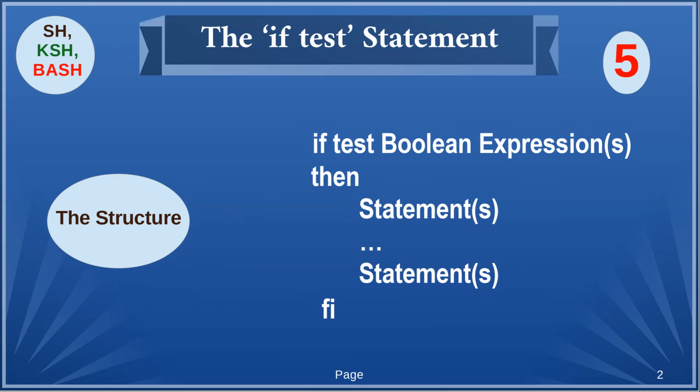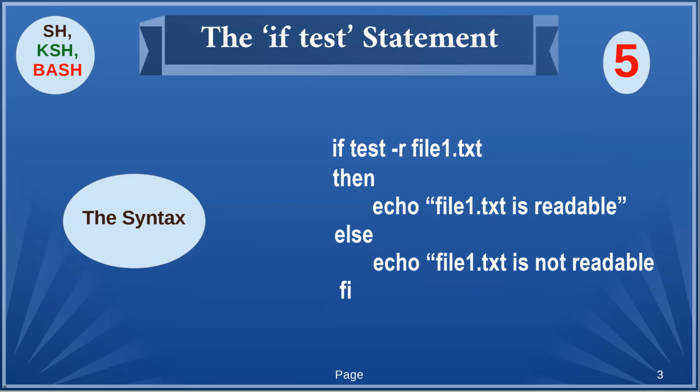Anything could be part of those statements, one or more statements, which is why those 3 dots are there. So this is the syntax when you're doing the if test statement.